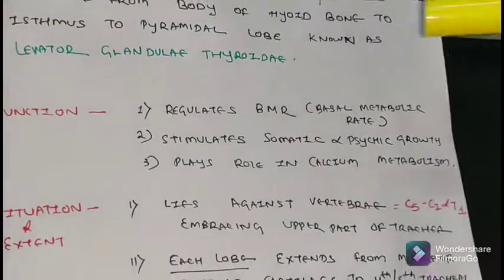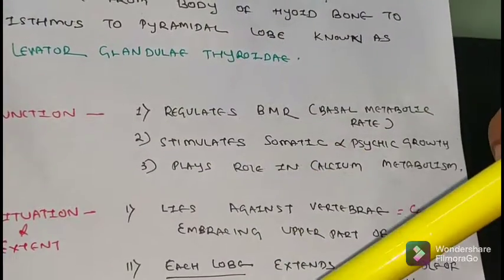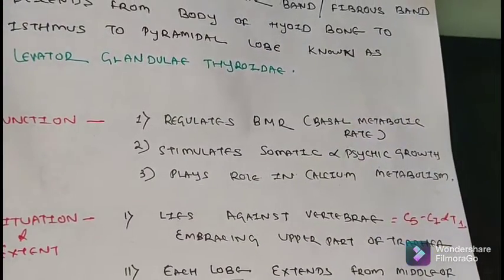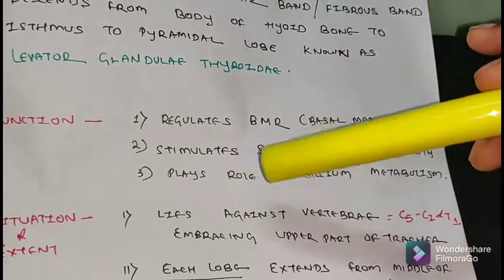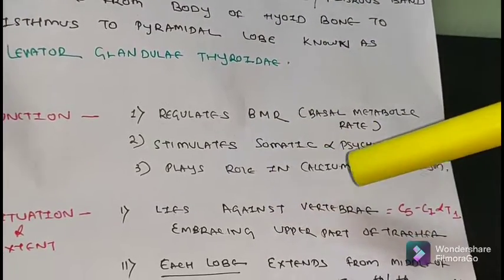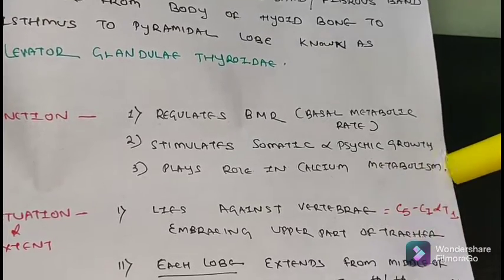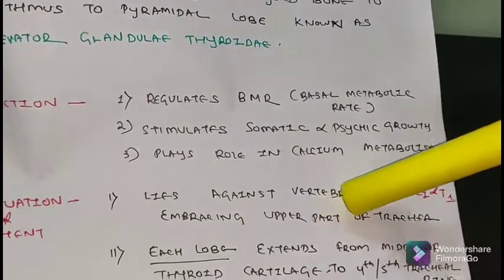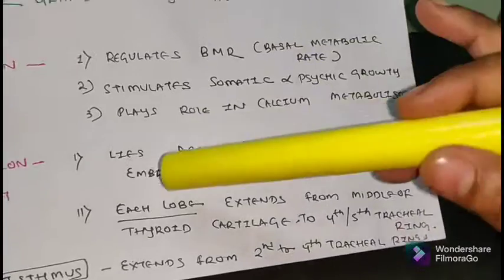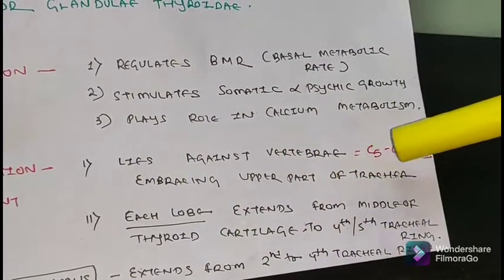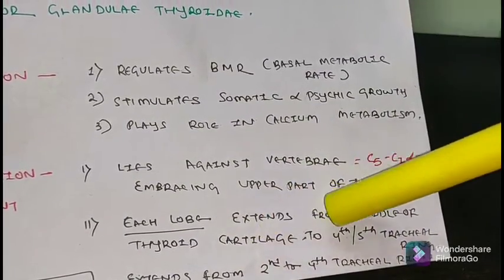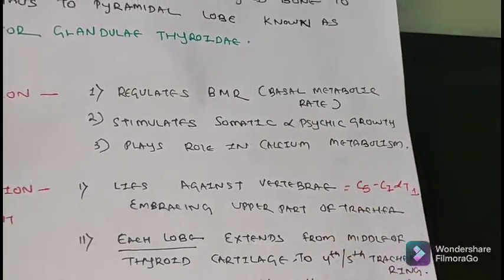Next, the situation and extent of the thyroid gland. The thyroid gland lies against the vertebrae C5, C6, C7 and T1, embracing the upper part of the trachea. Each lobe extends from the middle of the thyroid cartilage to the fourth or fifth tracheal ring.